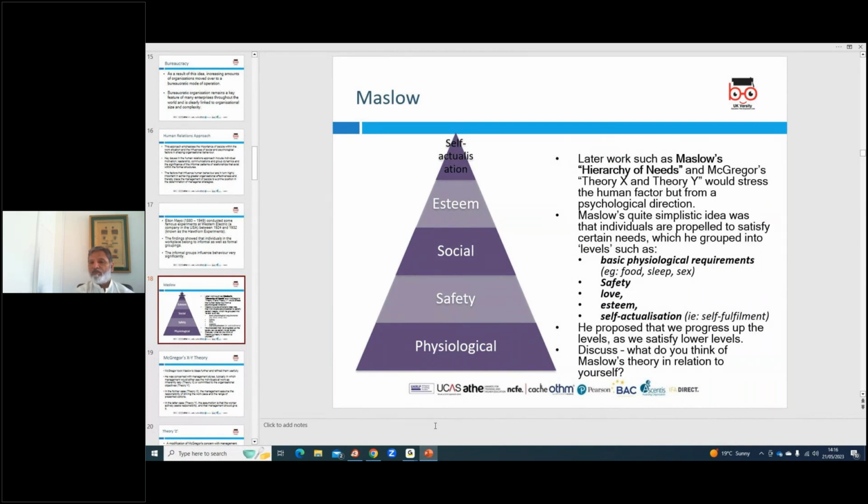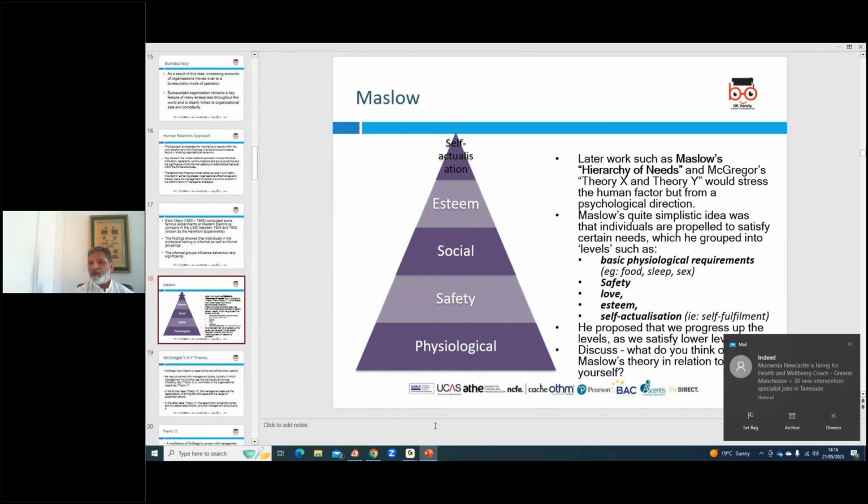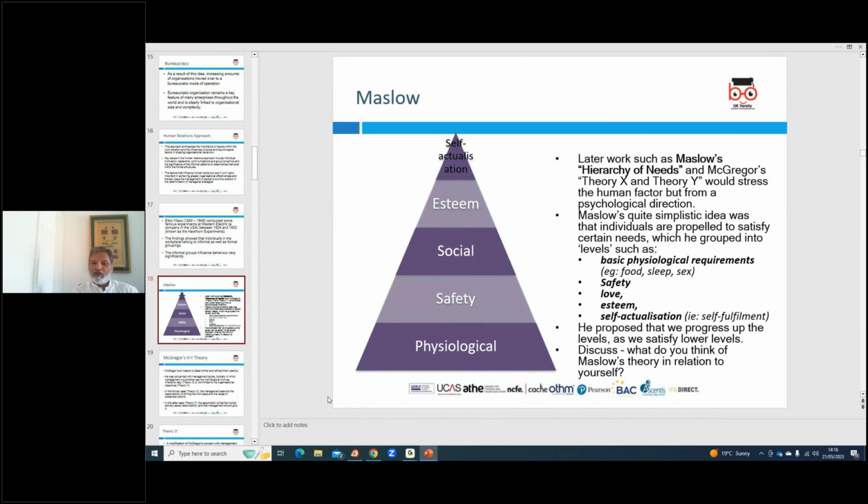Maslow's theory of needs begins with a group of needs based on the physical or physiological needs. Physiological needs are needs based on food, water, clothes, shelter, sleep, and so on.